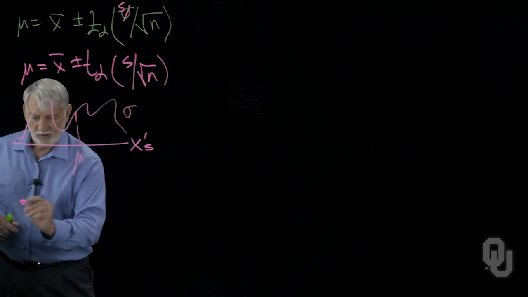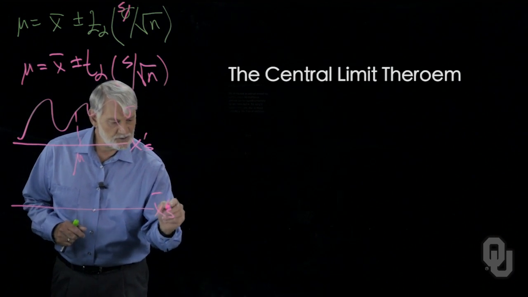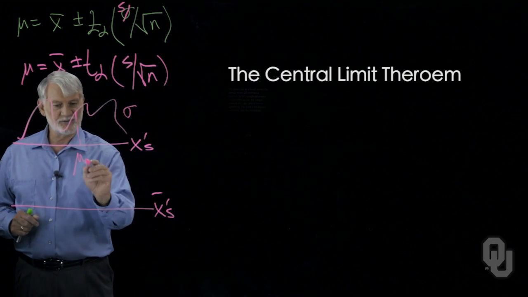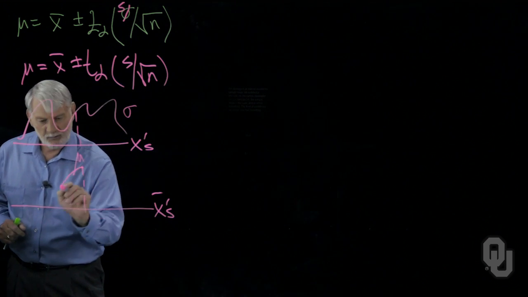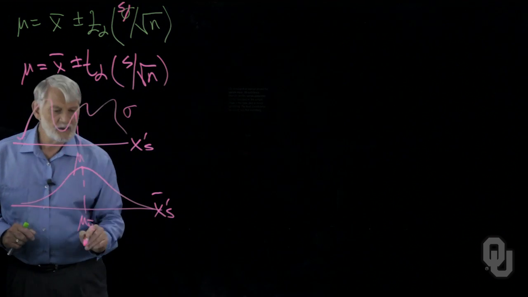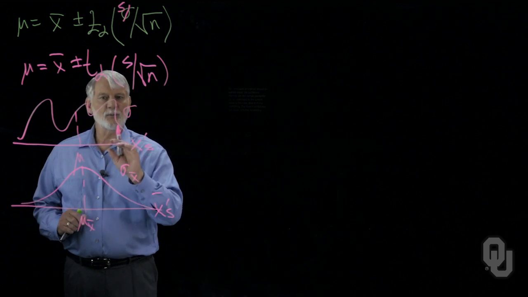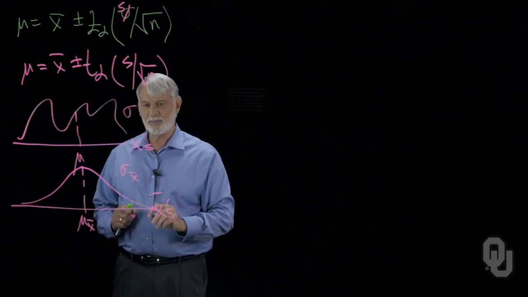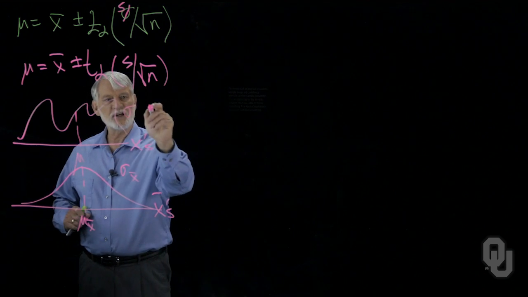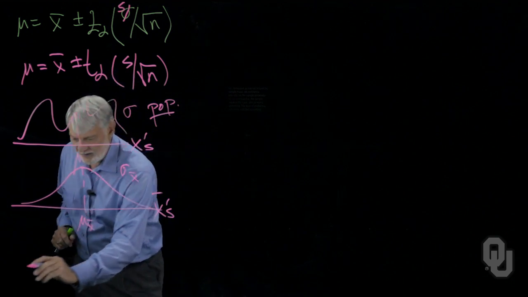So what we do is, with the central limit theorem, we come down to the distribution of x bars. This is a sampling distribution. It has a mean, known as mu sub x bar, and it has a standard deviation, sigma sub x bar. Now what we've done is we will take a sample from the population up here, and we will find it down here.